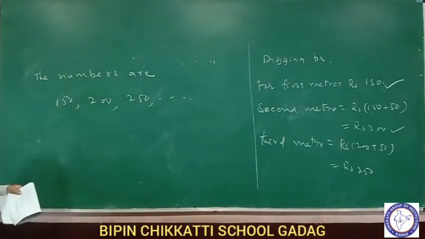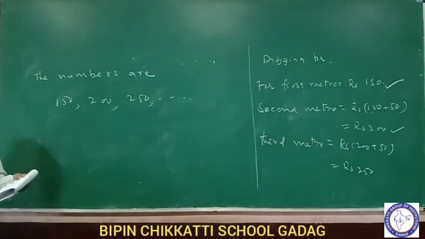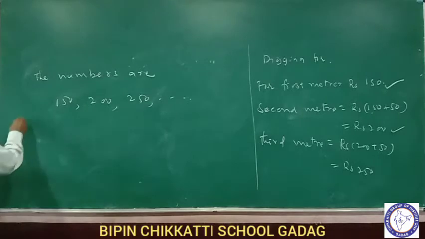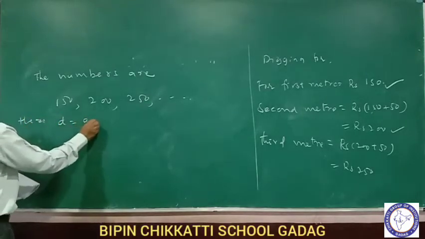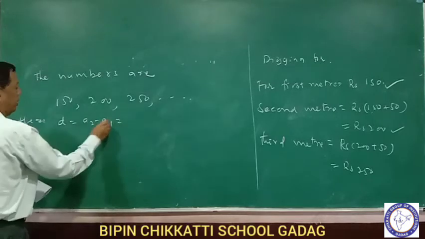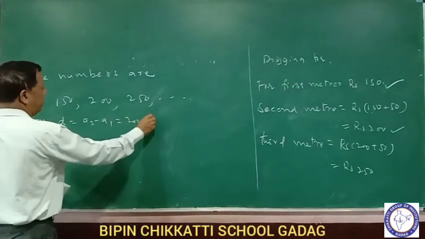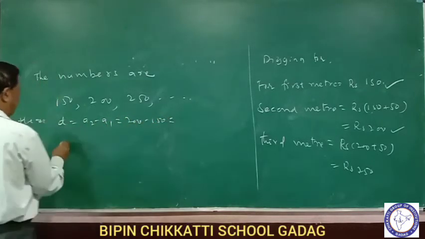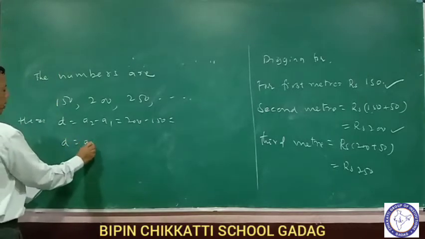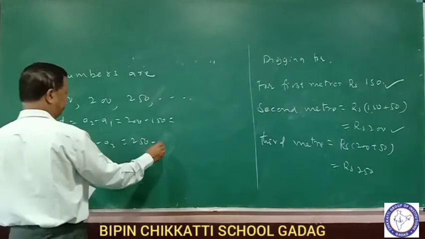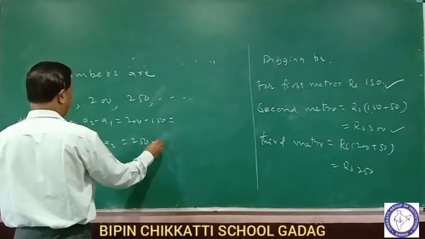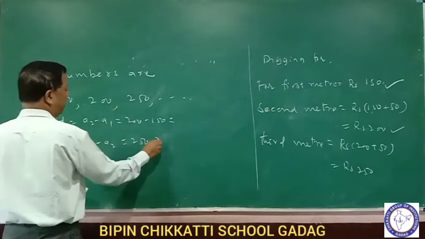And whether the common difference is same or not, look here: common difference d is equal to a2 minus a1, 200 minus 150, and again d is equal to a3 minus a2, 250 minus 200.